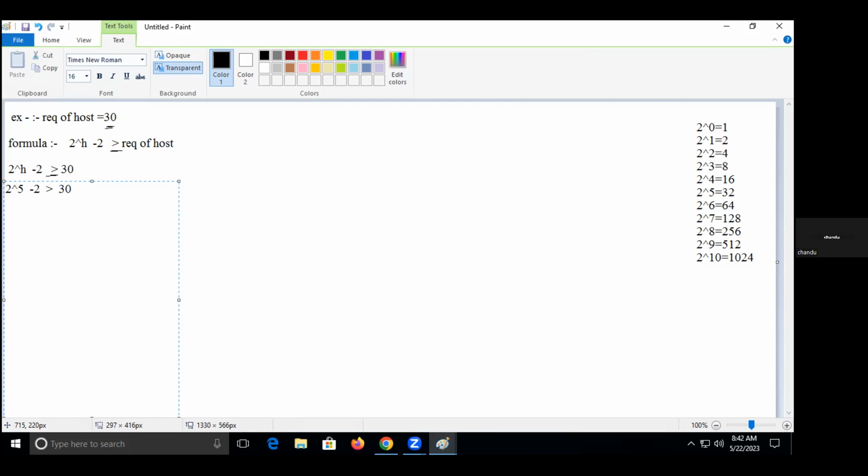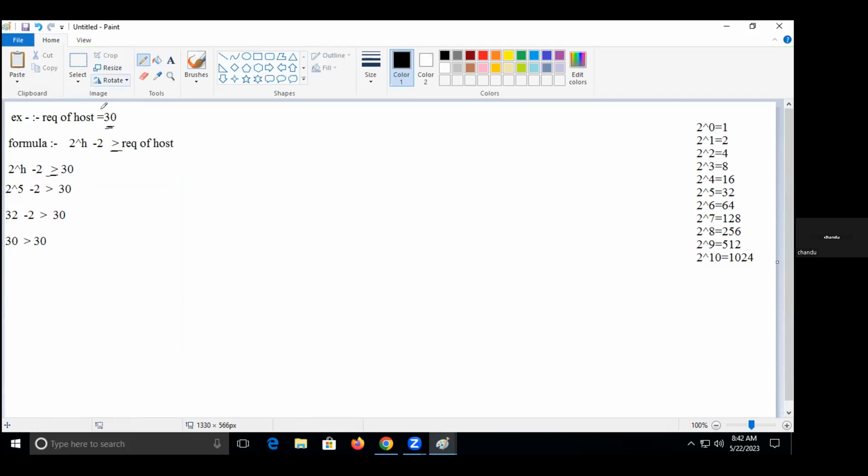What is the value of 2 power 5? It is 32. 32 minus 2 is greater than or equal to 30. So 32 minus 2 is 30, and I'm sure that 30 is not greater than, but is equal to 30.